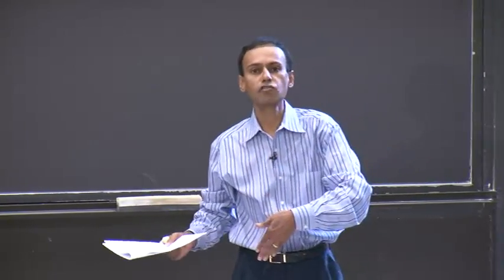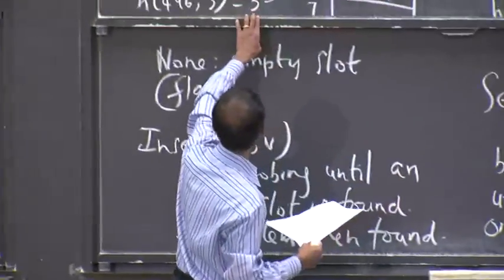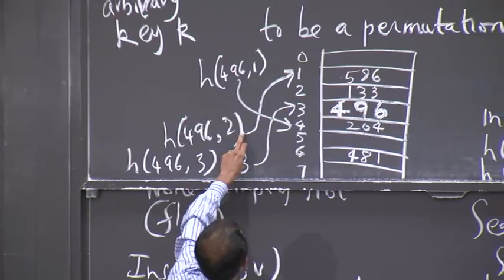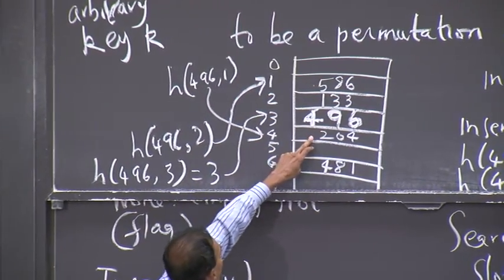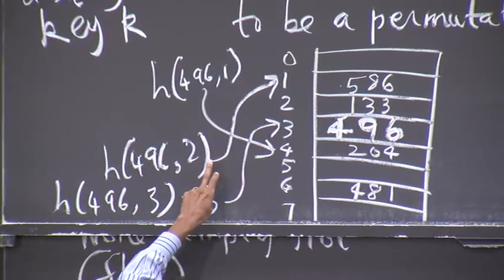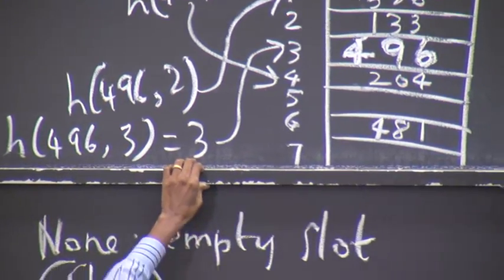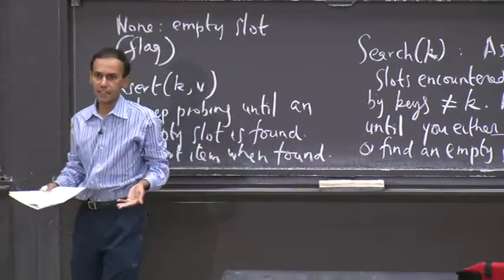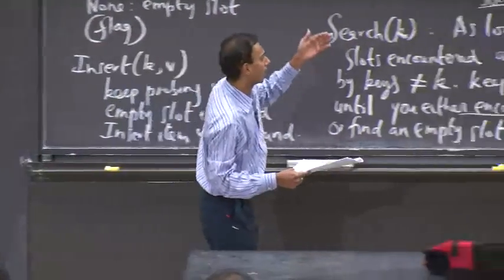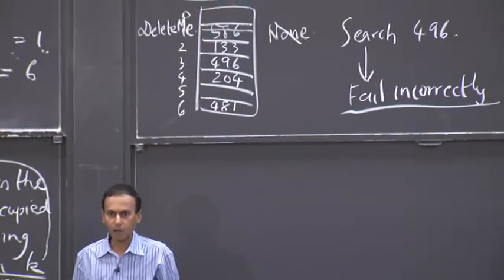And so you would go to the next trial. Oh, I'm sorry, I had 204 first as the first trial, and then in the second trial, I had 586, and I would continue beyond the second trial and get to the third trial, and in fact return 496 in this case, which is exactly what I want.